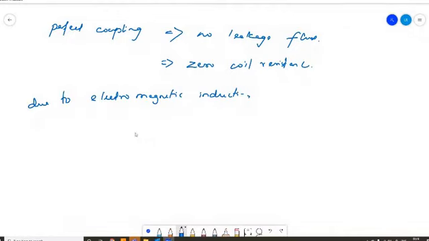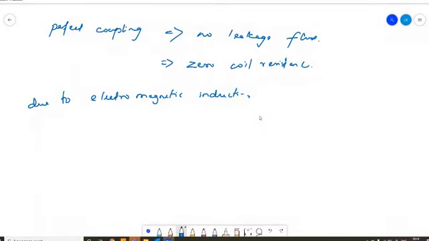First is the voltage that is supplied to the primary, and as a result, a current is produced, which produces a magnetic field that links with the secondary coil.